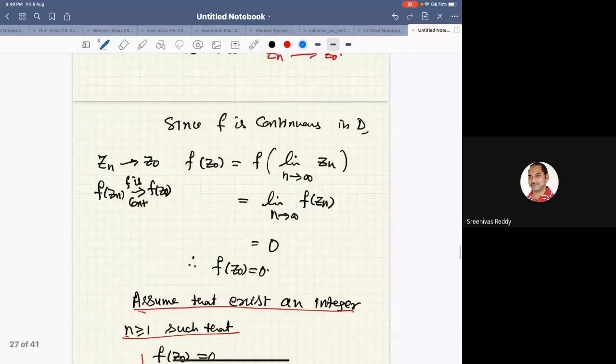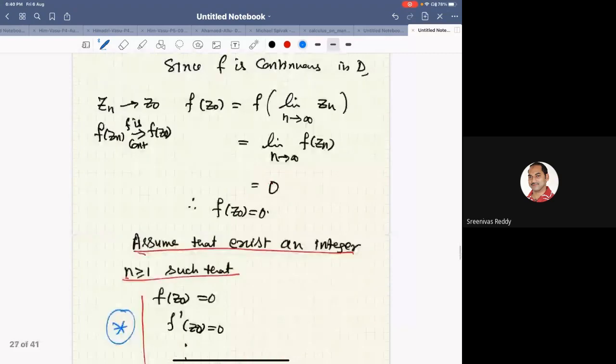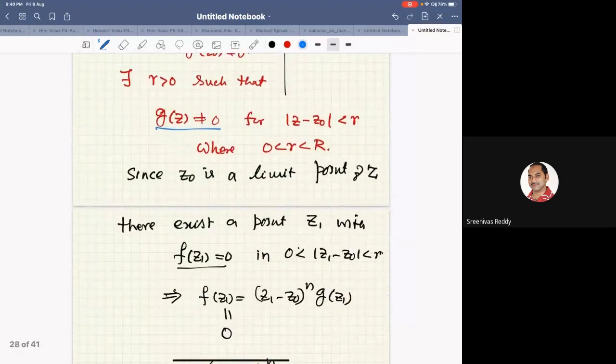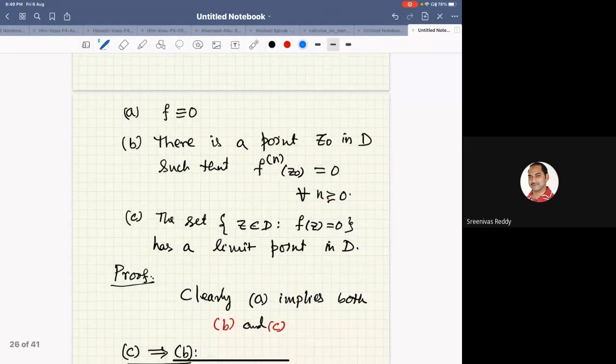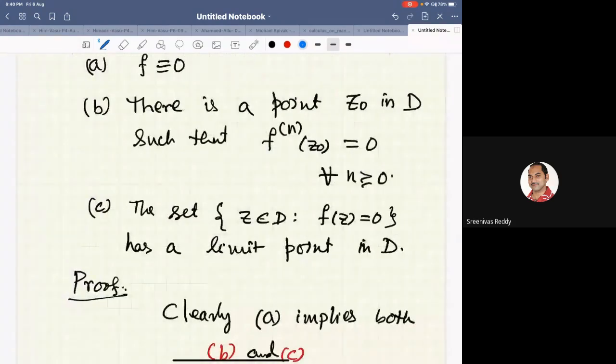Just my doubt is, in the equivalent conditions, does the domain contain all the limit points of the set, or any one of the limit points of the set, in the third equivalent condition? Just a minute, I'm recalling.